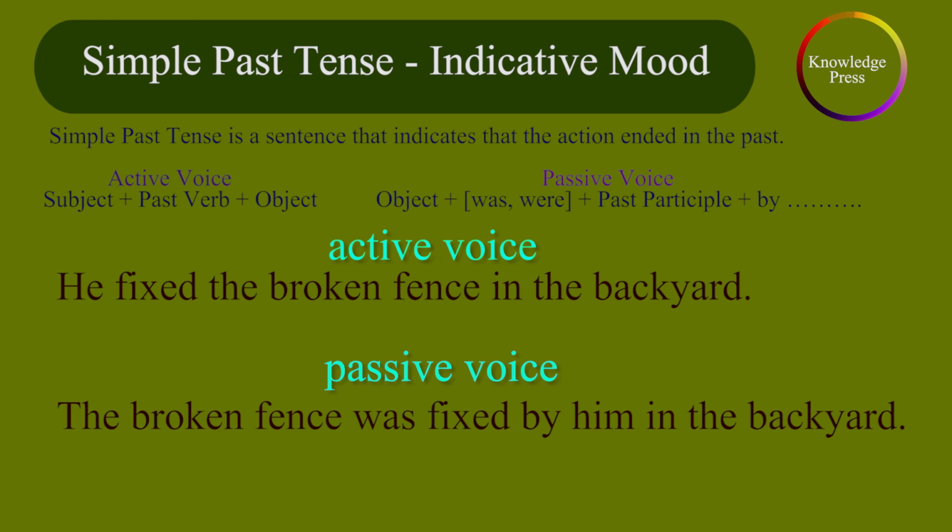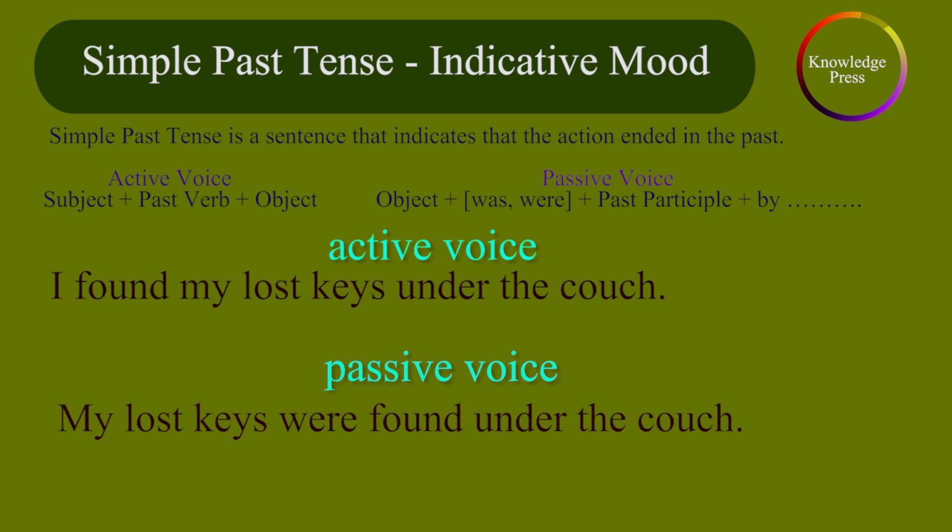Passive voice: The broken fence was fixed by him in the backyard. Active voice: I found my lost keys under the couch. Passive voice: My lost keys were found under the couch.